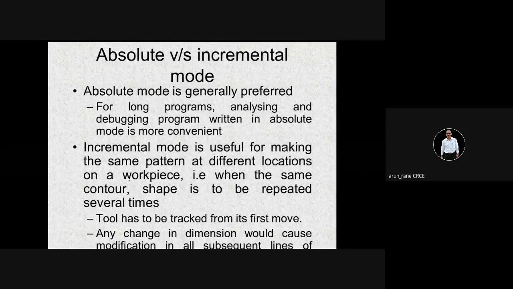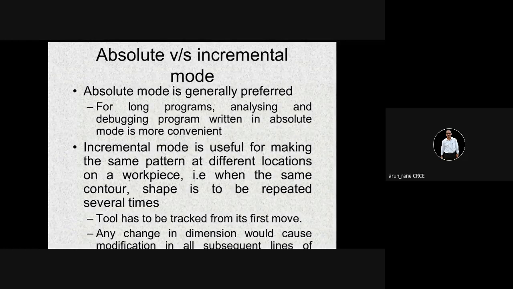Then you can draw a small diagram, as a third point if you wish. If it is for 4 marks, you can draw the small diagram and show what is absolute and what is incremental. Then the fourth point, in case of 4 marks, you can give the advantage of absolute and the advantage of incremental.